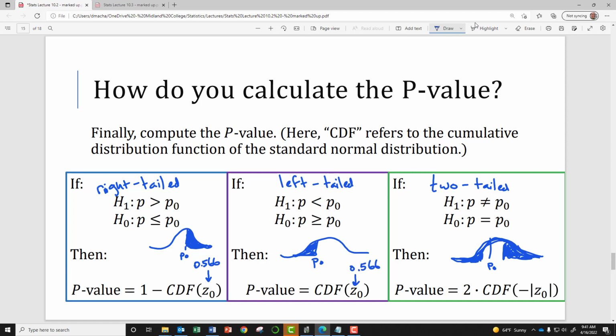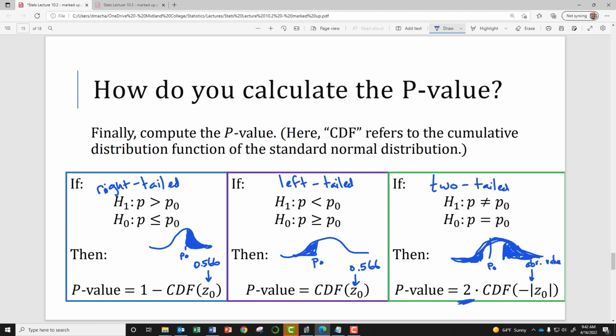And if we're doing a two-tailed test, notice these are absolute value symbols, so this would be 2 times the standard normal CDF evaluated at, first take the absolute value. If instead of 0.566 you had a negative number, take the absolute value to make it positive, but then take the negative of it, right? So we'd be taking the CDF of negative 0.566 in this case. Whatever you take the CDF of in the two-tailed test, you should always be taking the CDF of a negative number, and then multiplying it by 2, because this is a two-tailed test.